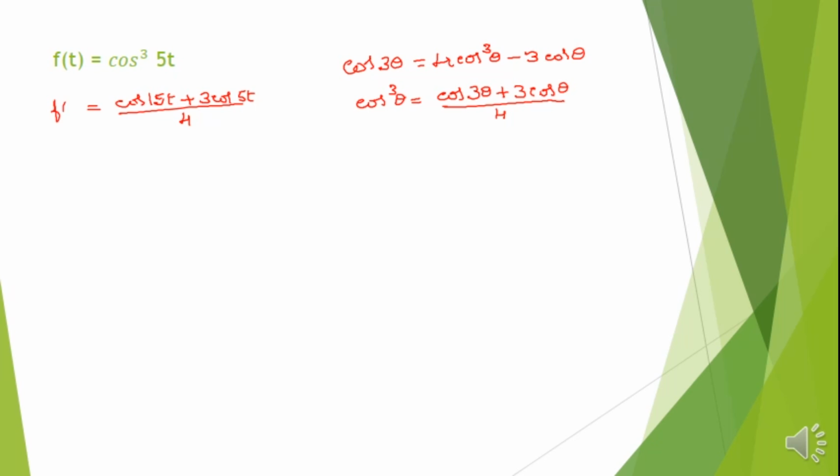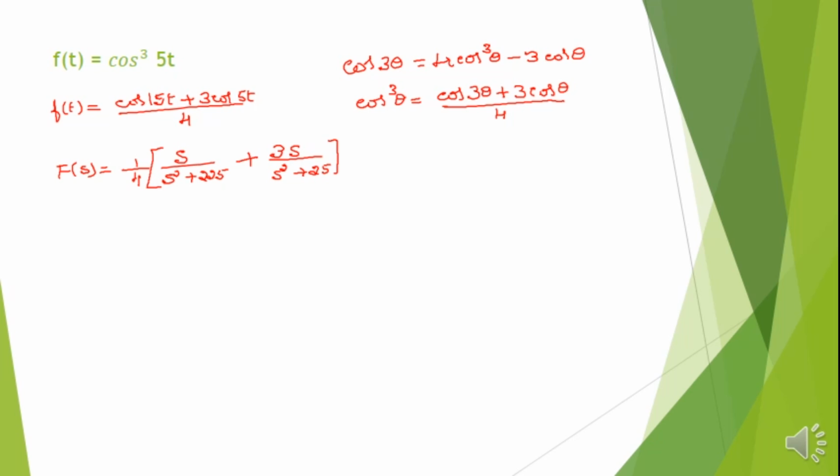So the Laplace transform F of s is equal to 1 by 4 into cos 15t, that is s by s square plus 15 square, 225, plus 3 into s divided by s square plus 25.